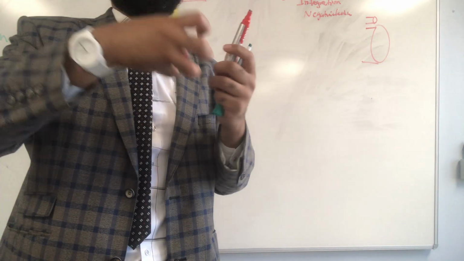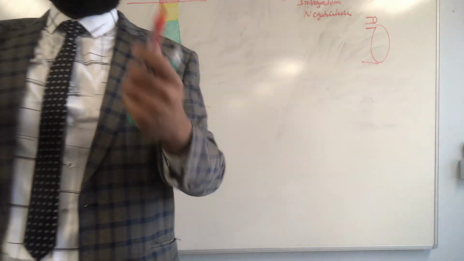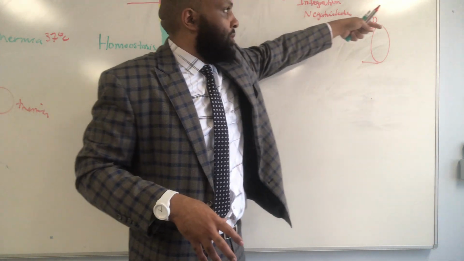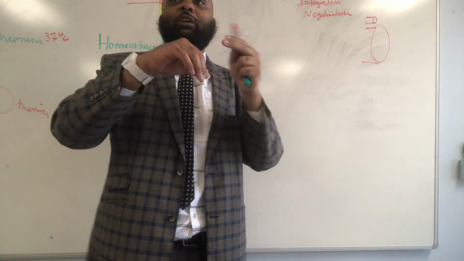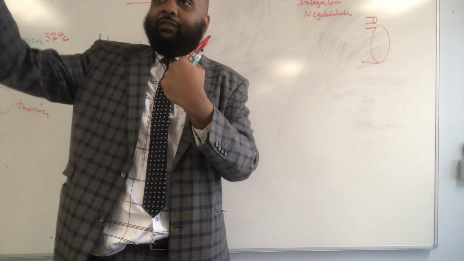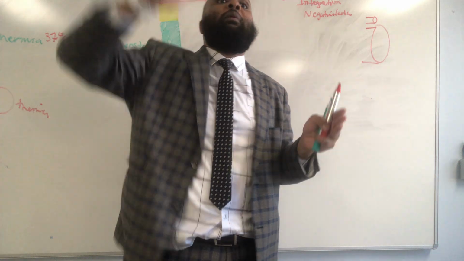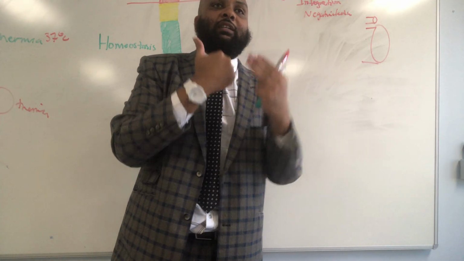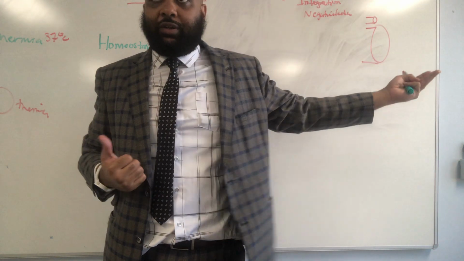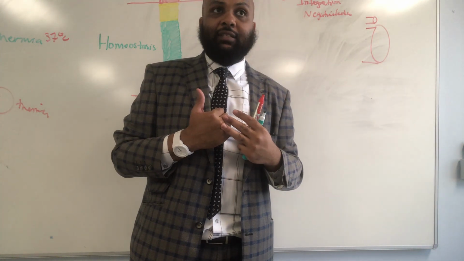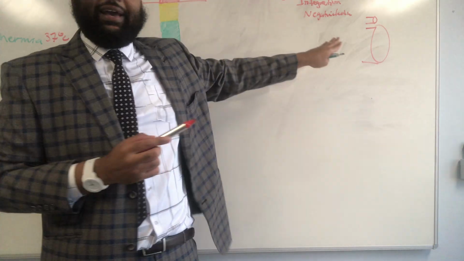So now we're going to dissipate the heat from our body by making the blood vessels wide and shunting it into the periphery so that the heat in the blood can be exchanged and leaves. Because remember, we said we move from high to low. So now our body temperature is so high, it's going to move from our body to the weather. And that's how we're going to lose the heat. Make sense? Okay, that's one mechanism.